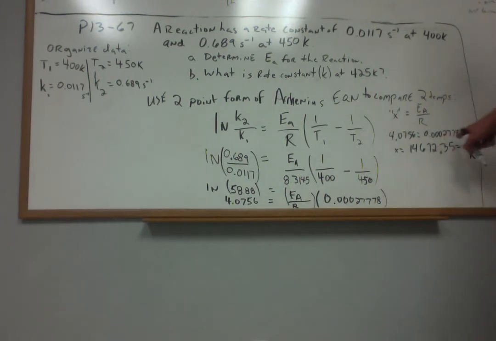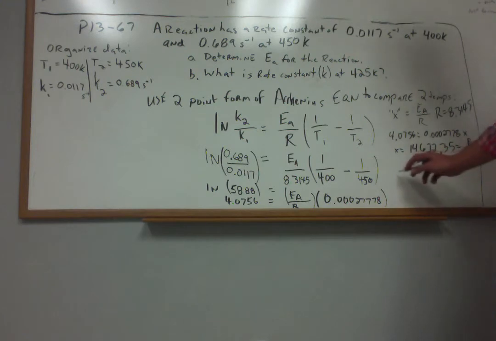So I'm just doing the math. I substituted in the variable x, solve for x, it's equal to 14,672, and that's equal to this ratio, activation energy over R. And again, I know my R is 8.3145. It's a constant, that's given to you on the first page of your exam. You can look that up. So if that's the case, I can substitute 8.3145 in right here for R, and I can directly solve for my activation energy in this case.